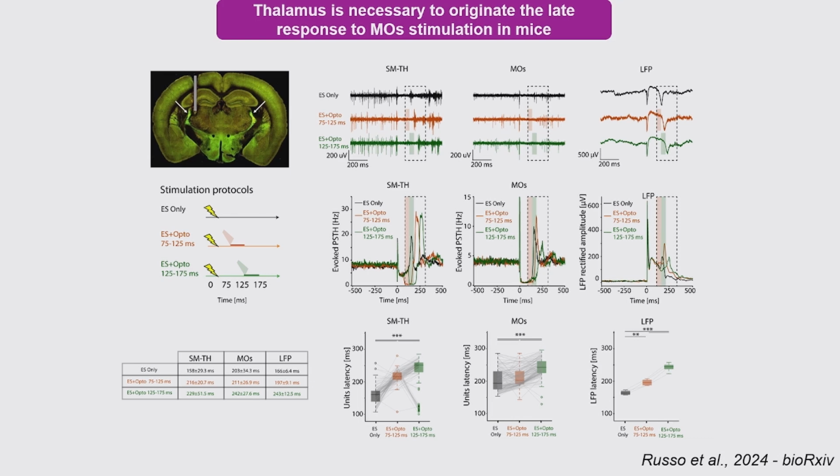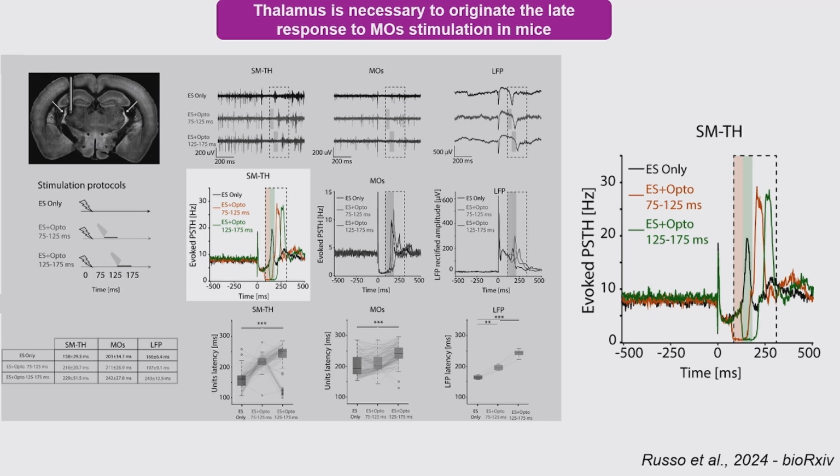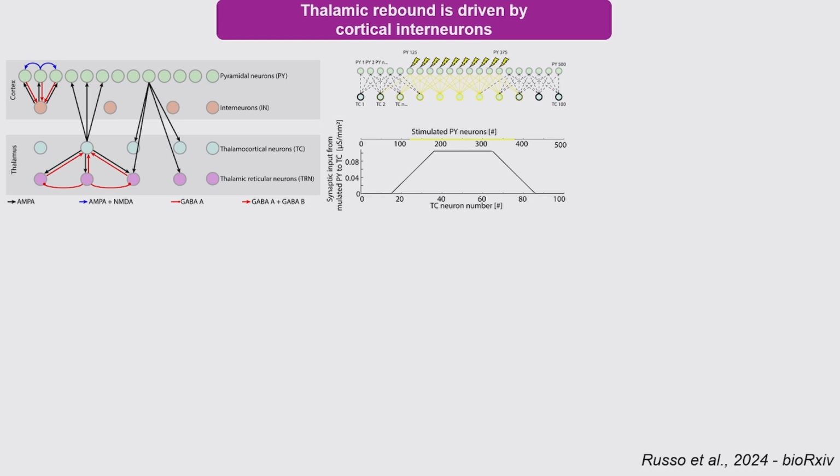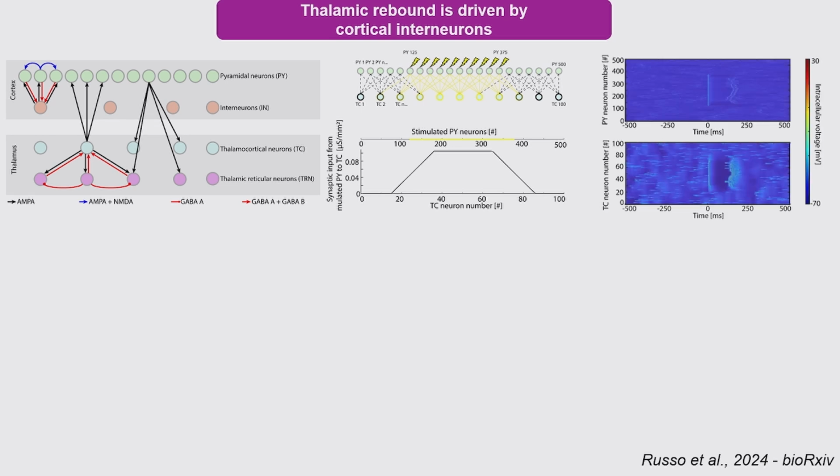What they show is that this inhibition of the thalamus creates a delay in the responses compared to when the electric stimulation is delivered without the thalamus inhibition. So the thalamus is important. And they used a computational model to study what level of interaction between the thalamus and the cortex is important in shaping those recurrence responses.